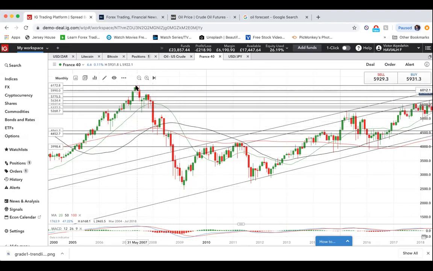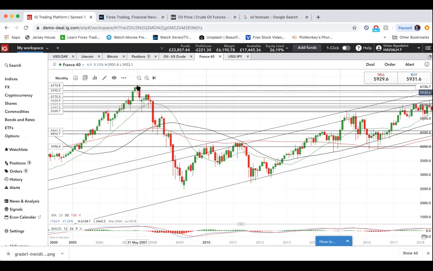Look at how quick this was between 2007 and 2009. This fall happened within 2 years, 2 years of the economy just declining.